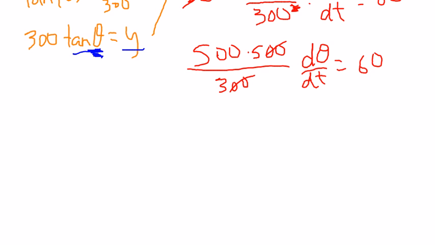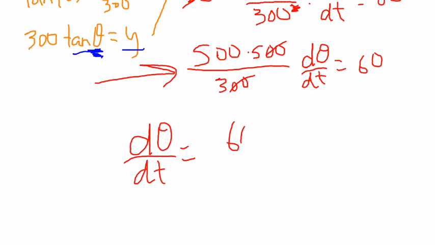So now I'm going to divide by that fraction, which is just multiplying by the other, flipped upside down. So what I get is d theta dt equals 60 times 3 over 500 times 5. So from here, this cancels with one of those. And does the 6 cancel out with anything? Yes. So the 6 is divisible.